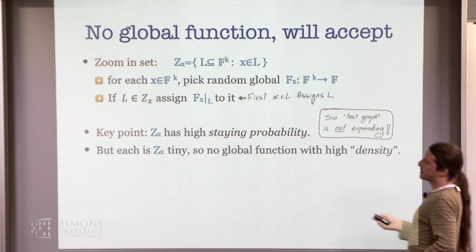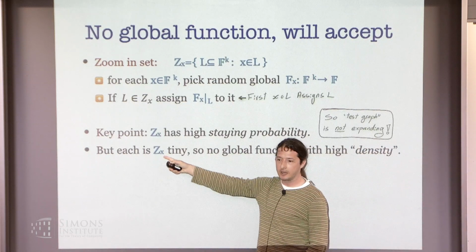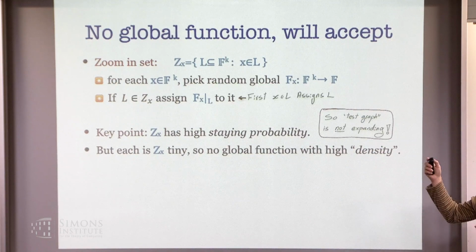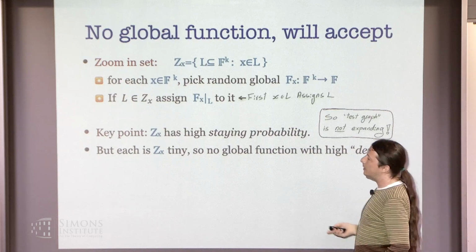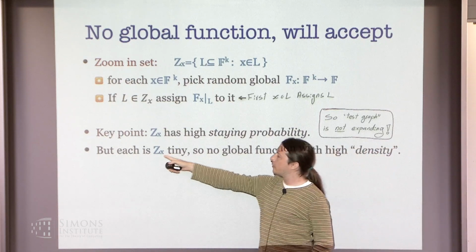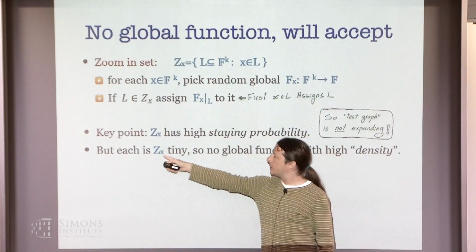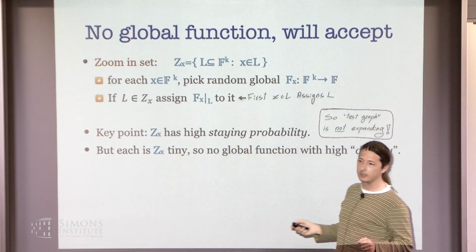But each of these sets, Zx, is actually tiny. What is the probability that a subspace of some small dimension will contain a specific point x? It's really tiny. So you have a huge number of these sets and no global function, because for each set, there's a completely different assignment.